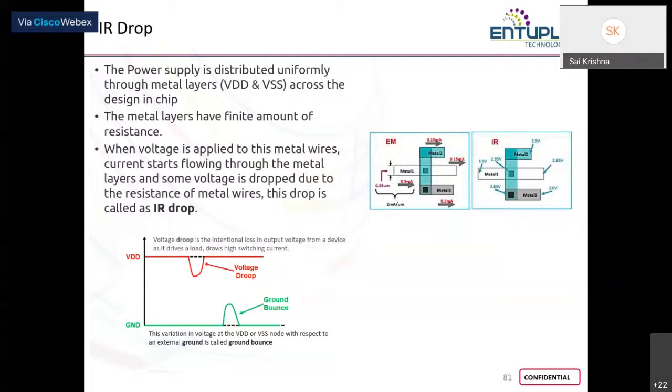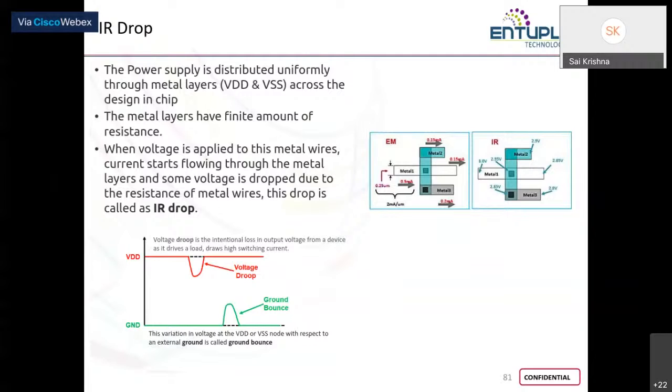Now at any point on the rail or at any VDD or VSS for a given standard cell, there could be some voltage fluctuation because of the parasitics or any other factor. To keep it simple, that phenomenon is your IR drop. So either the voltage or its corresponding current will go down.